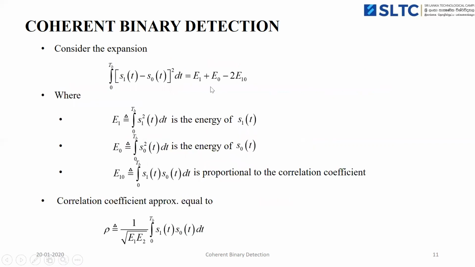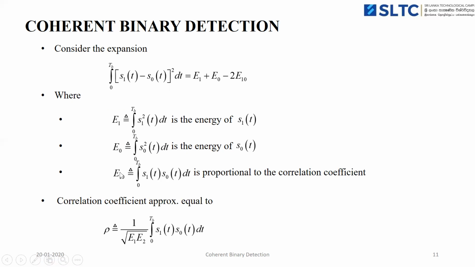Now consider the expansion of the difference between the two signaling waveforms S1 of t and S0 of t. It is like (a minus b) whole squared, so we can expand: a squared, S1 squared, gives E1, b squared gives E0, and minus 2ab, the product of the two signaling waveforms, gives the energy E10. Here E1 is the energy of binary bit 1, E0 is the energy of binary bit 0, and E10 is the product of the binary bit 1 and 0 energies, which is proportional to the correlation coefficient.